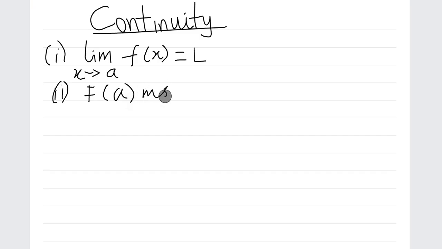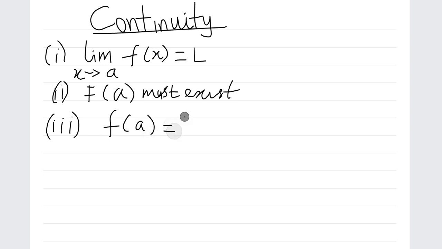F of a must exist. So that's the second thing. And then the third one now. The third key is that your f of a must be equal to the limit that you got.